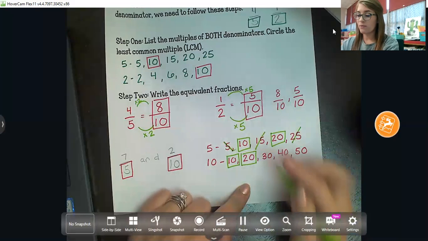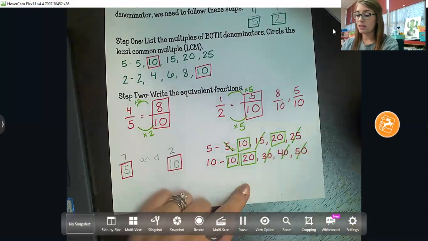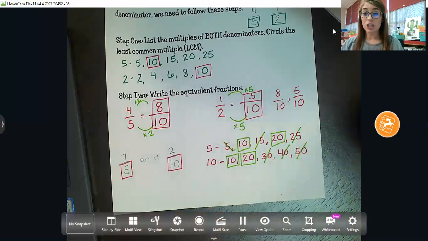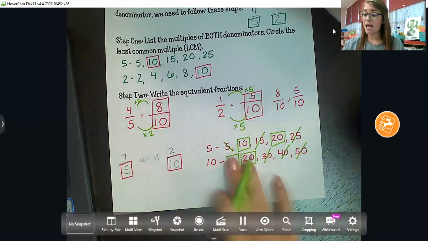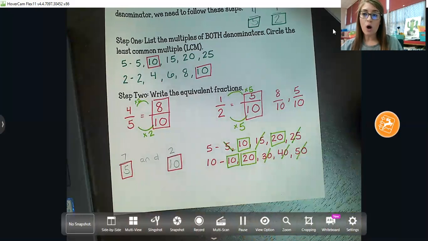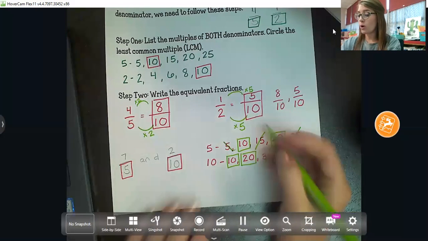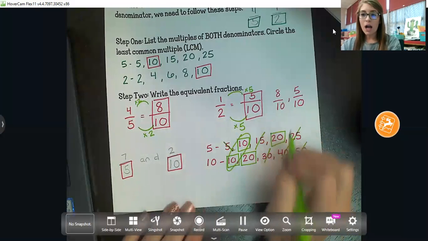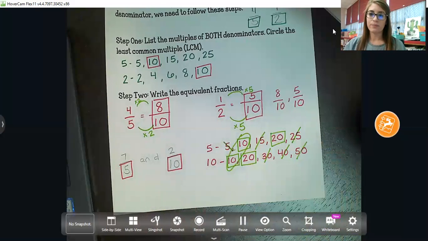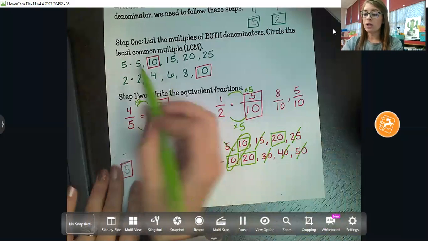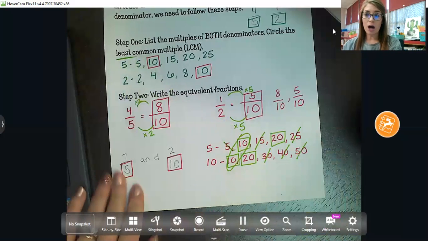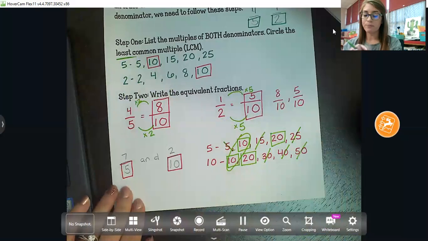And then 30, 40, and 50 are not going to work from this list either. Okay, so now we've got 2 multiples that they have in common. We've got 10 and 20. Which one are we going to use? Right, we're going to use the 10. Why are we using 10 and not 20? Exactly, because we are looking for the least common multiple, the smallest one.